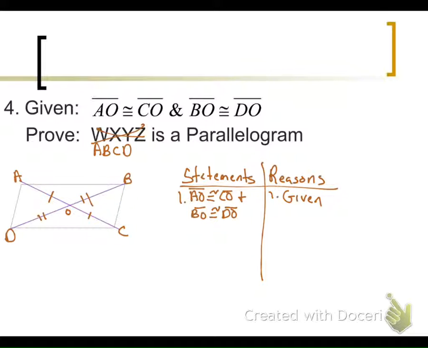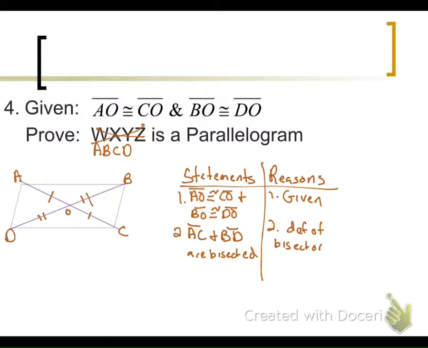So with this, we are able to see, since those are cut in half, what has happened. What happened to these diagonals? They've been bisected. So we can say that BD and AC have been bisected by the definition of a bisector. So step 2, AC and BD are bisected. And this is by the definition of bisector.